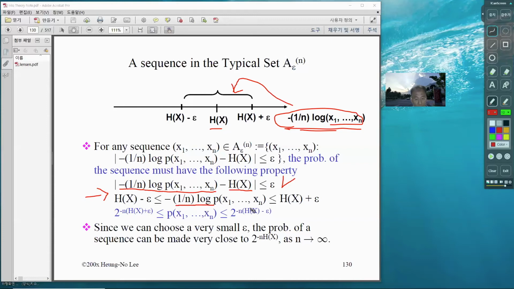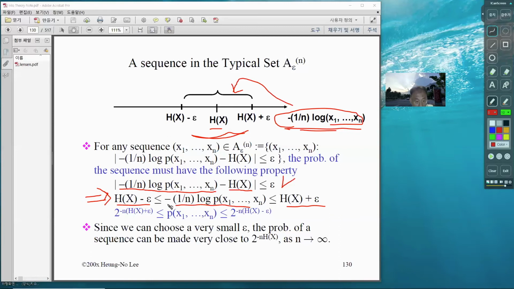So having said that, I can write this line again in a different form like that. The sample mean deviates by plus epsilon or negative epsilon, so it should reside within this interval. This statement is taken from the picture that we have drawn. For any sequence that belongs to the typical set, this has to be satisfied.